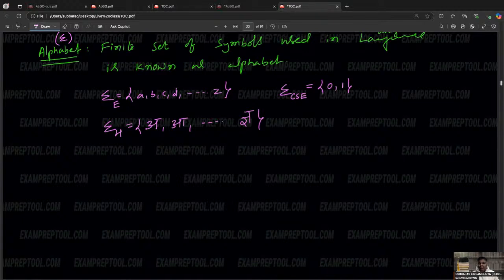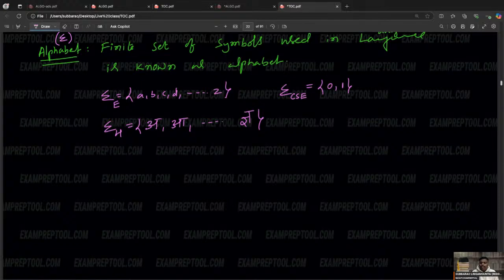At the end of the total story, I want to say, every language has a finite number of letters, finite number of symbols, finite number of characters in the alphabet. You will never find a language without any symbol.